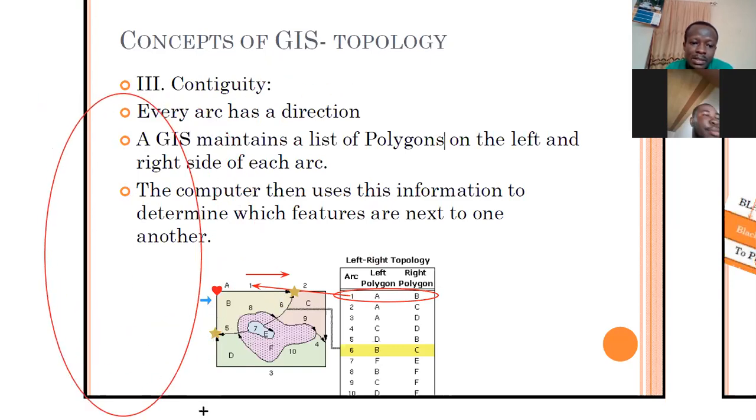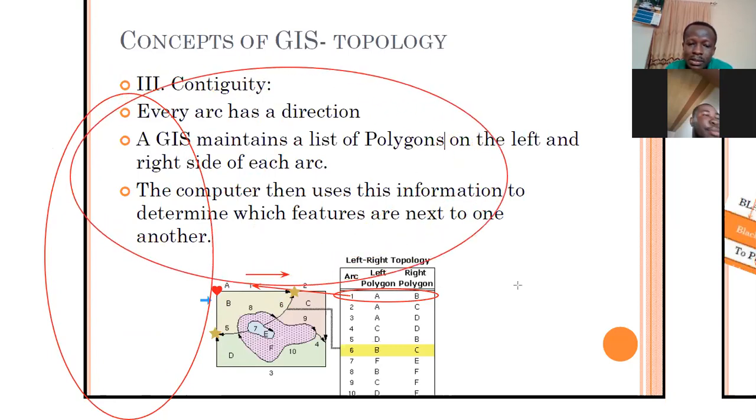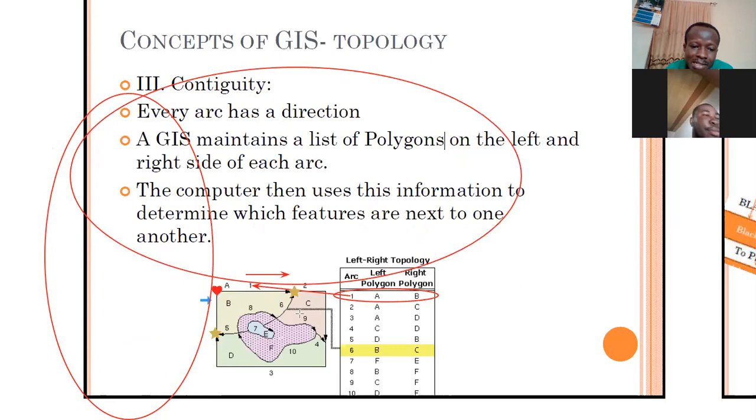All these areas are polygon A. Anywhere outside this whole thing is A. Do you get that assumption? The A that we've written here is actually all these areas.